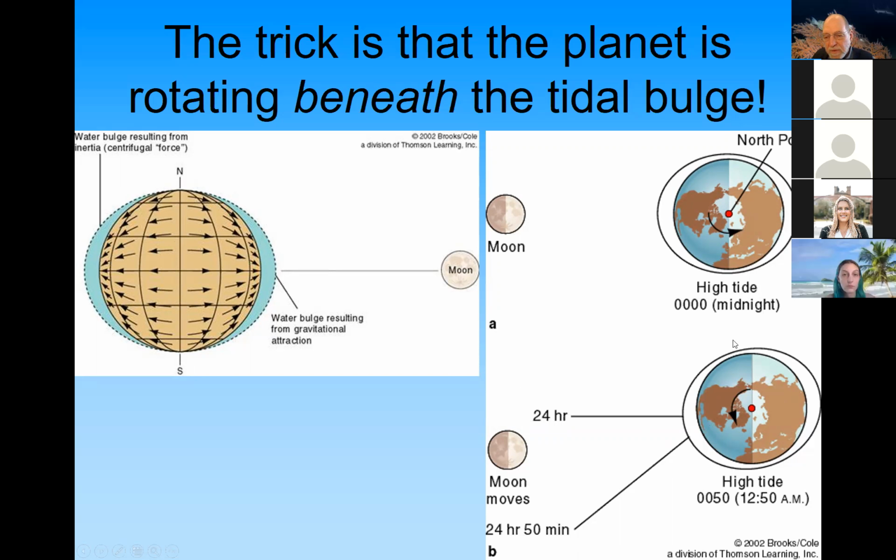Okay, so that's saying that if we have a high tide at midnight on day one, on day two, the time at which the bulge is going to be facing toward the moon or away from the moon is going to progress in time by 50 minutes, so 0:50 in the morning. Okay. All right. So that's one factor that causes some discrepancies in that period.